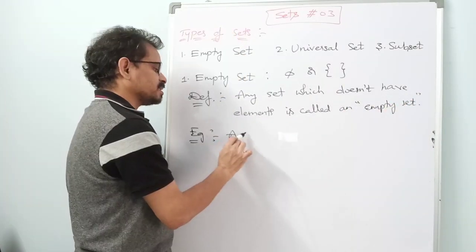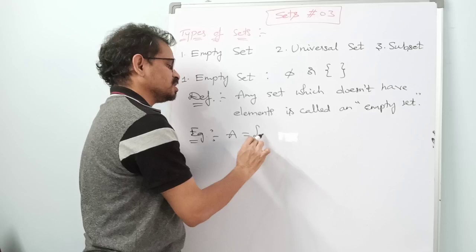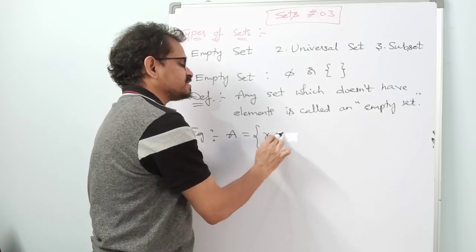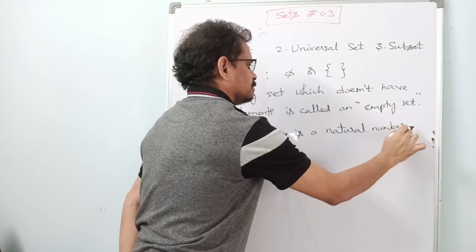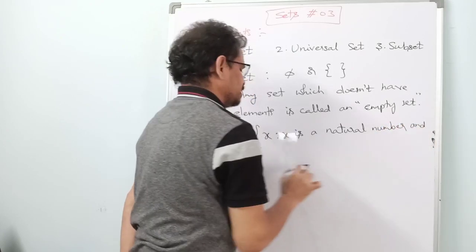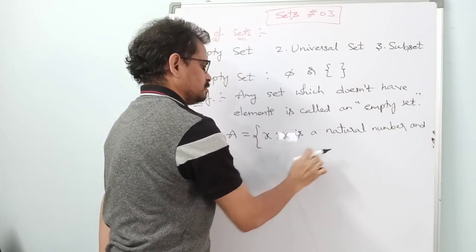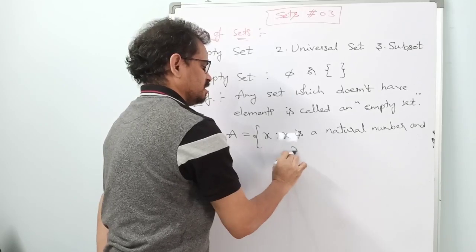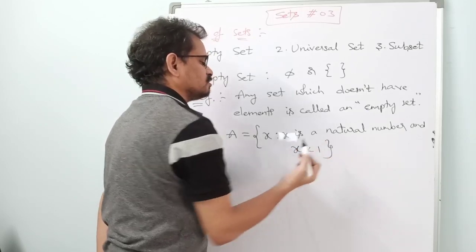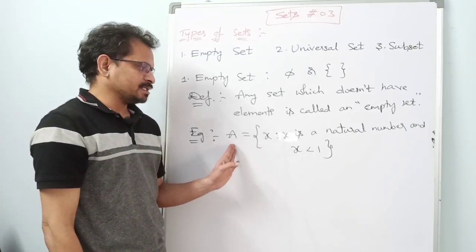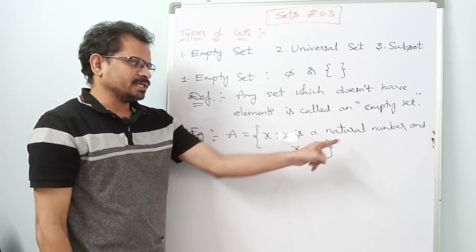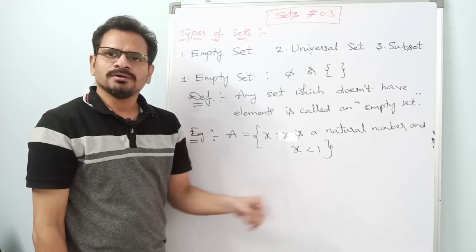Example, let us consider a set A which is x such that x is a natural number and x is less than 1. What are natural numbers?